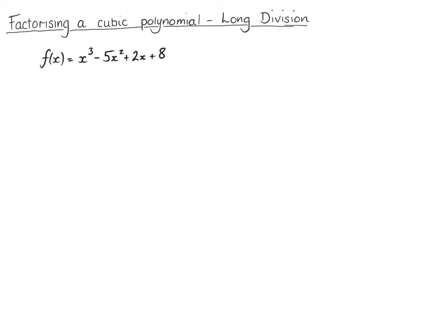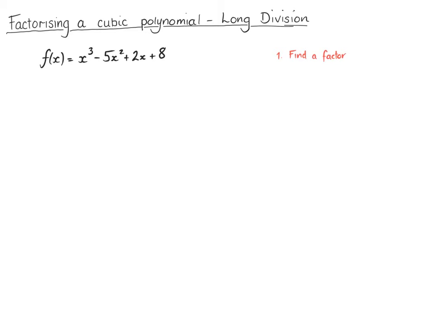Right, so when we're factorising a polynomial, the first thing we need to do is find a factor. Sometimes we'll be given the factors, other times we will have to find them. We know that when we have a factor, our function equals 0, because that was in the first video on this topic.